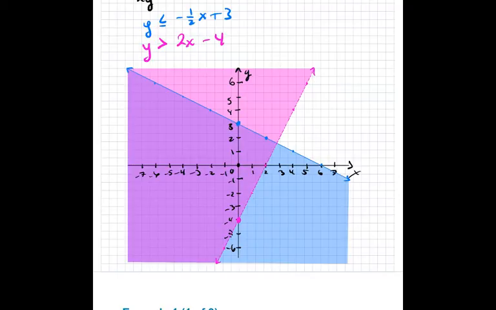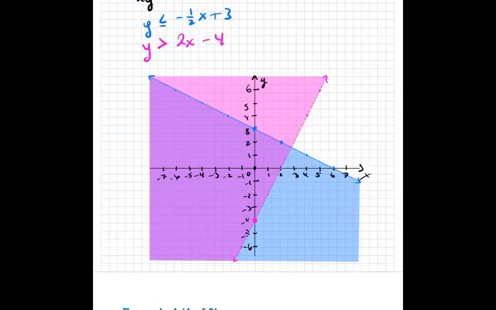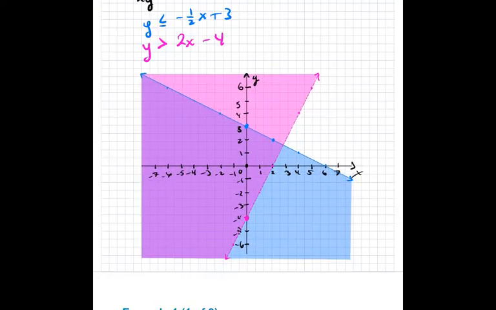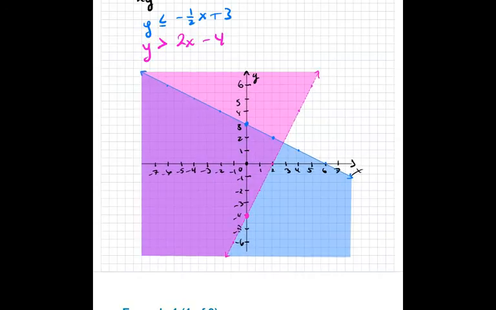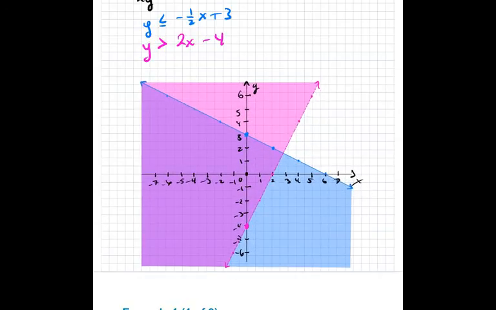I'm just going to choose a point at random. Let's choose this point here, right? So that point is what? Negative, shoot. I forgot, I took it off the graph. Let me line it back up with the grid. It's distorting, it's throwing it off.